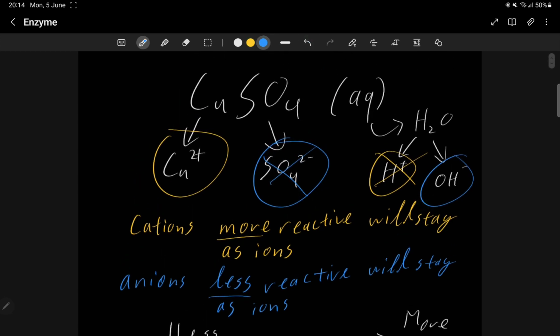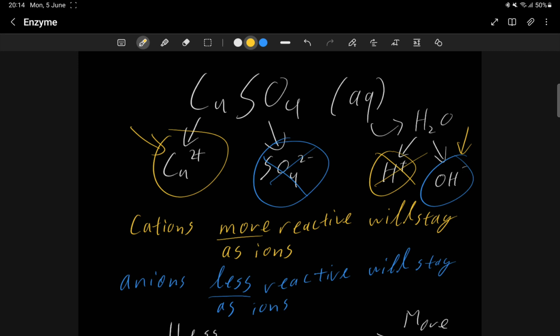So the two that will actually go to the electrodes, the ones that will actually form, are copper and OH minus. The copper ion will just form copper metal at the electrode, and OH minus ions will create water and oxygen. And the only option with that is C.